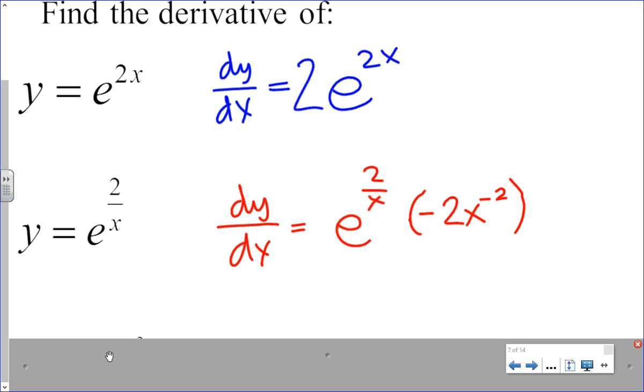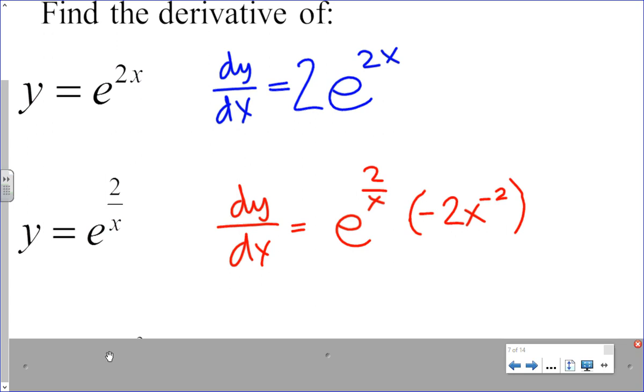That e to the power has to be multiplied by the entire derivative. If you don't put those parentheses, it's going to look like e to the negative 2x minus 2x to the negative 2, and that's not your answer. So make sure you put those parentheses so I know that you're multiplying.